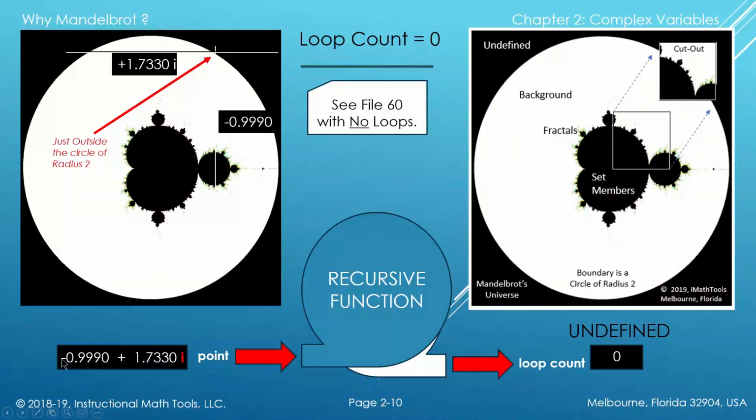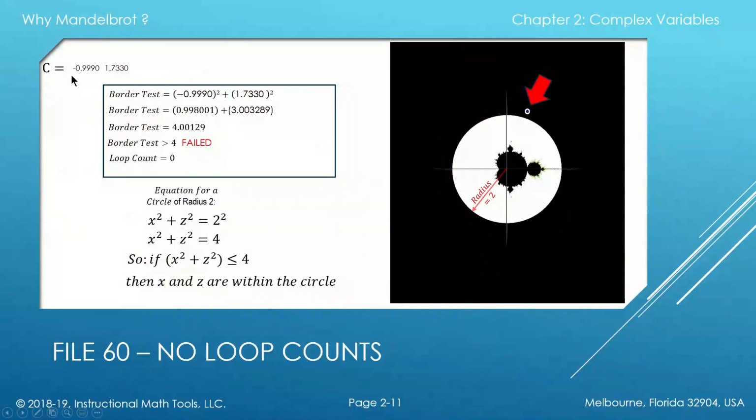And from chapter 1, we fed it in there, and we came back from the recursive function at a loop count of 0. And what we're going to do now is look at the run file 60, which records what happened when this was fed into the recursive formula. So here we go. It didn't go very far.